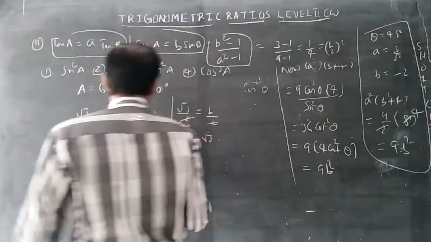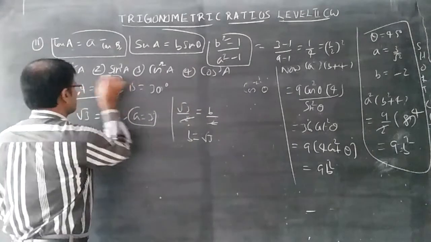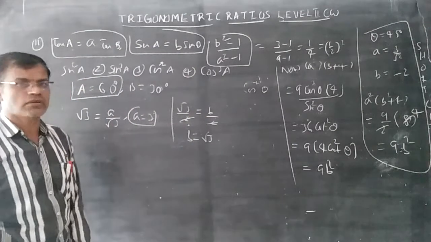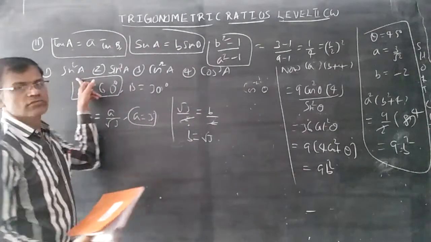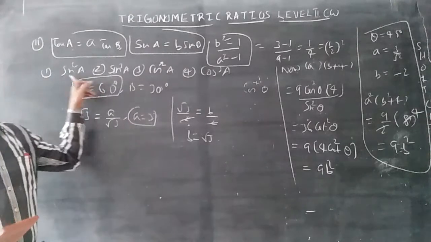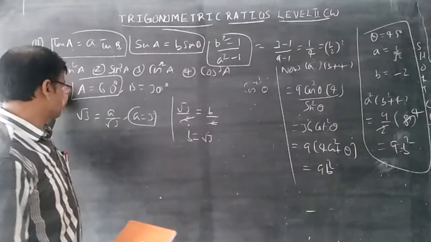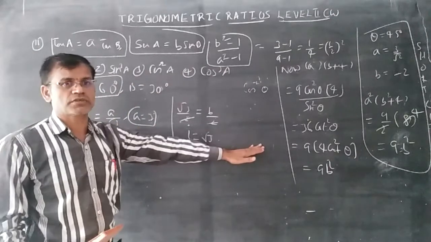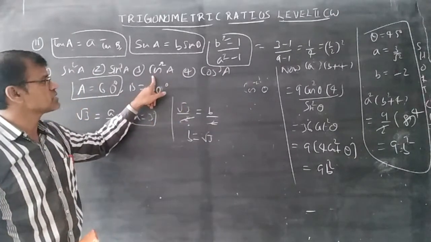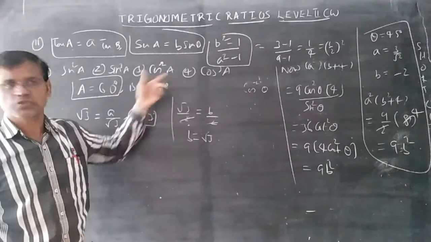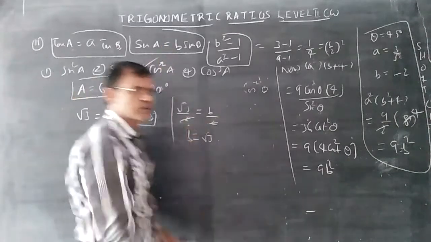According to the options, a is equal to 60 we thought. Sin 60 how much? Root 3 by 2. Root 3 by 2 whole square is 3 by 4. Here we got 1 by 2 whole square, so this is not the correct option. Cube is not at all correct. Cos square a, because cos 60 is 1 by 2, whole square. So cos square a is correct.